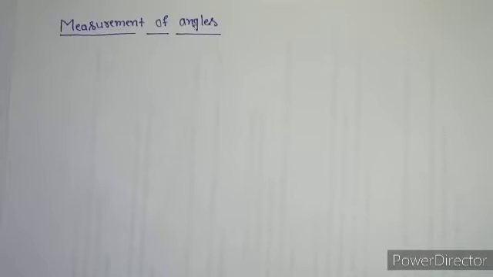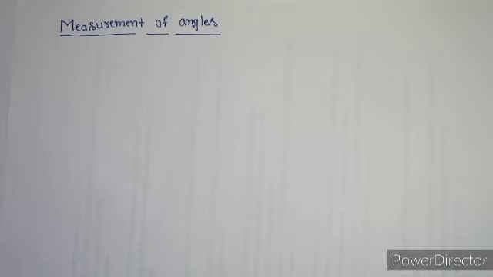Students, next we are going to learn the measurement of angles. We know what an angle is, when two rays with a common endpoint form an angle. We know how to name an angle with English alphabets.